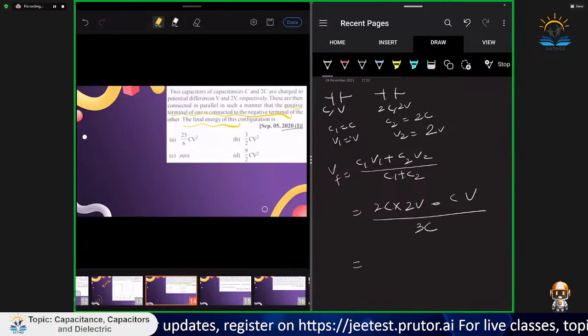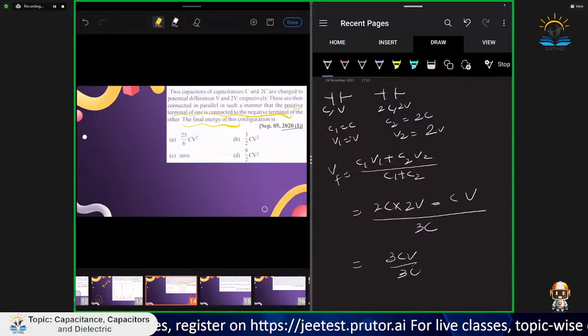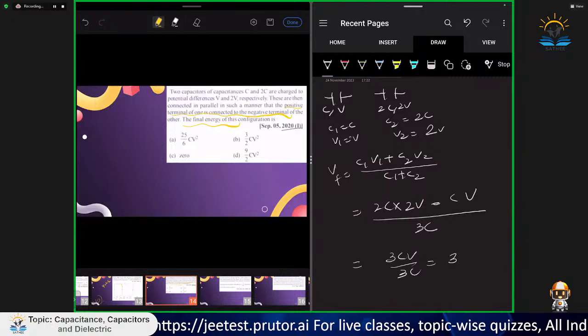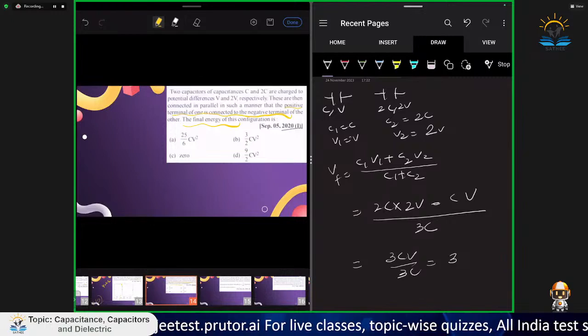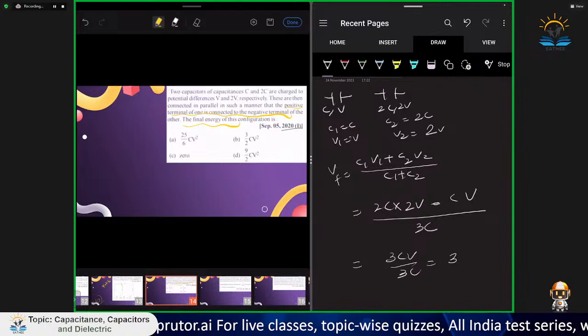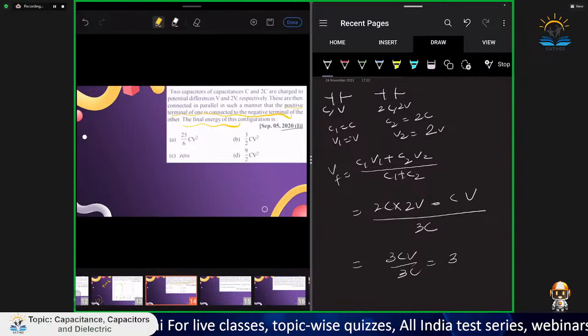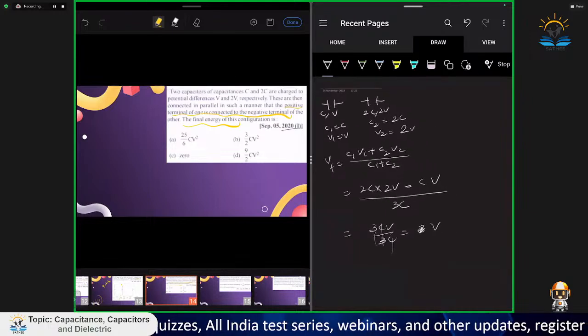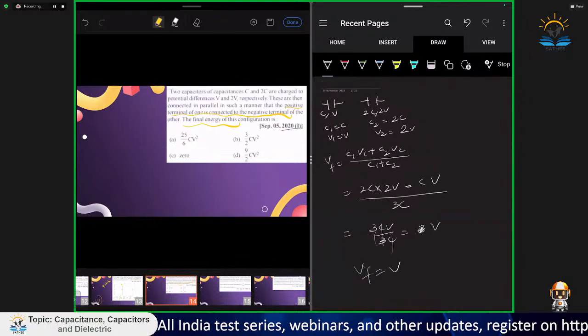How much? 4CV minus CV. That is 3CV upon 3C, right? Final potential is V. So V final is V.